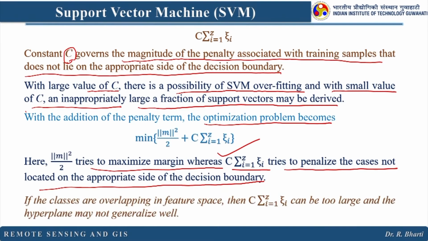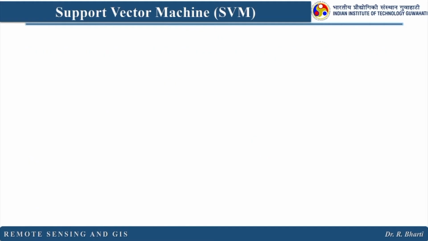So that's how we are going to improve our method in each of the iterations. If the classes are overlapping in feature space, then this can be too large and the hyperplane may not be generalized well.